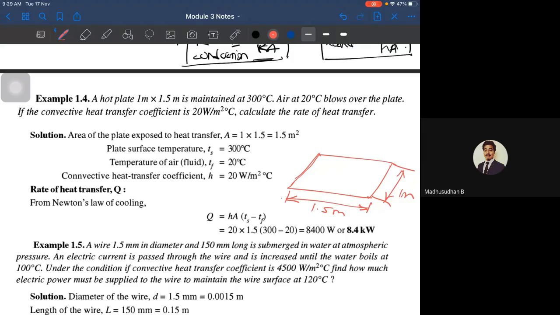So which temperature is this? Is this Ts or Tf? Which temperature is it? Should I take this 300 degrees Celsius as Ts or Tf?